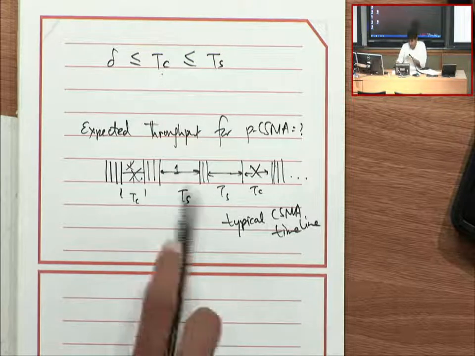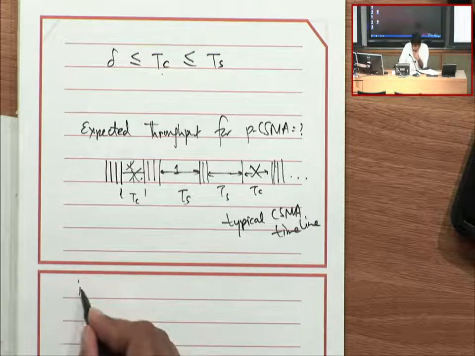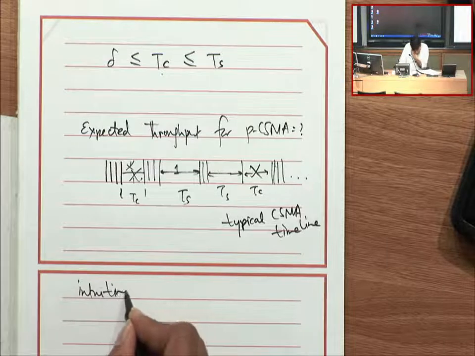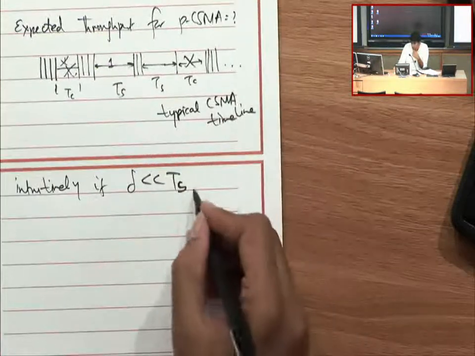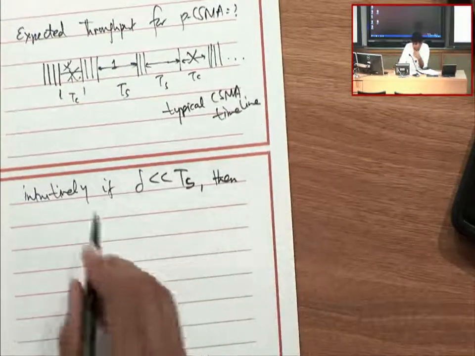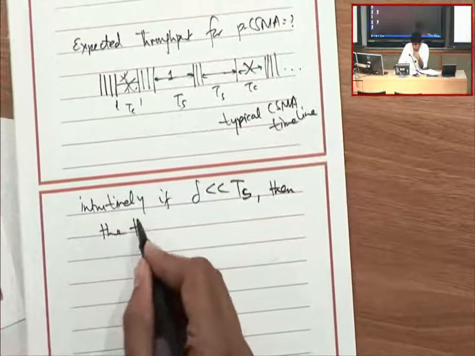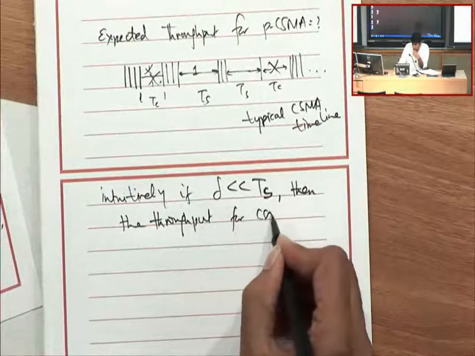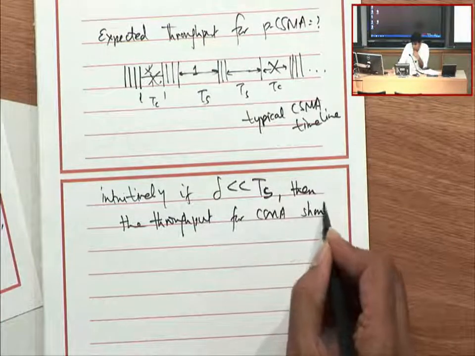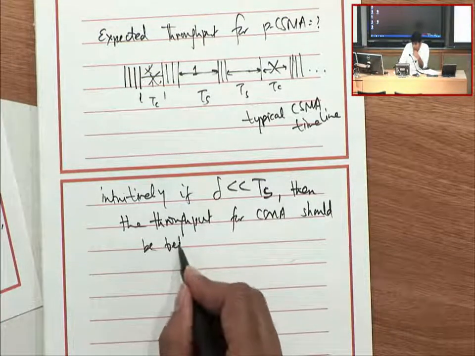So intuitively, if delta is much smaller than TS, then the throughput for CSMA should be better than slotted aloha.